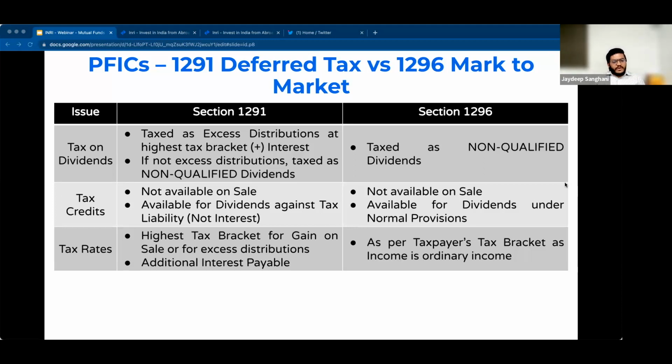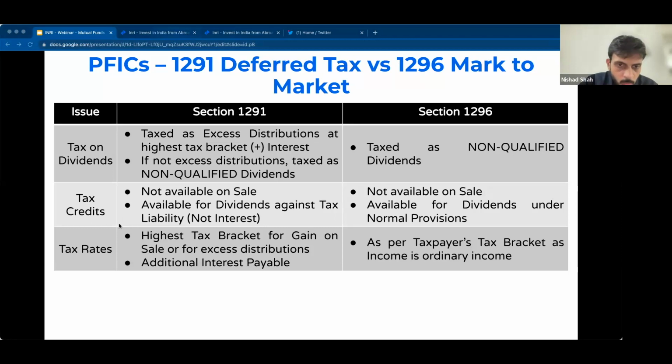A note here: when I mentioned that 1291 gains are taxed at the highest tax bracket and interest, please note that the interest is payable for your entire holding period. So the taxation happens in such a way that the US government basically treats that you had earned this income for all these years and you did not pay taxes on them. You are paying taxes in the year of sale. So interest is payable for your entire holding period, and there is a specific allocation and calculation that goes into determining the amount of interest and the tax that is payable.